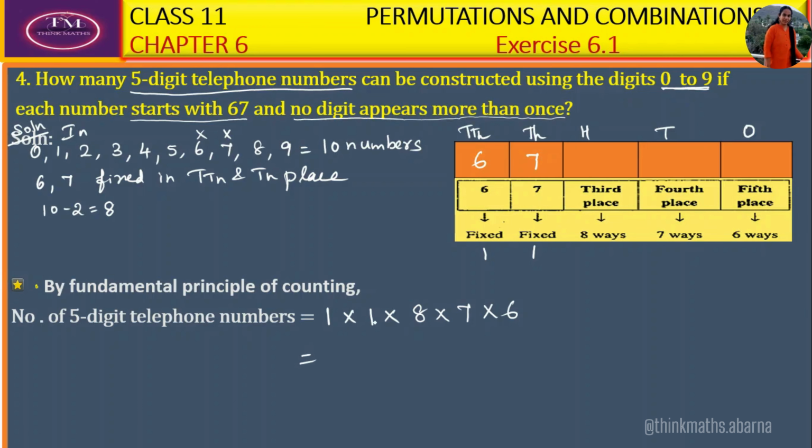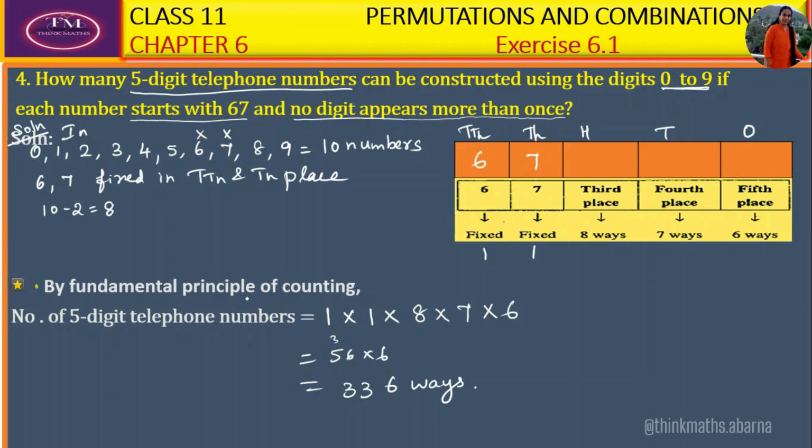So, 1 into 1 is 1. 1 into 8 is 8. 8 sevens are 56. So 56 into 6. 6 sixes are 36. 5 sixes are 30 plus 3, it is 336. So you have 336 ways of filling a 5-digit telephone number that starts with 67.